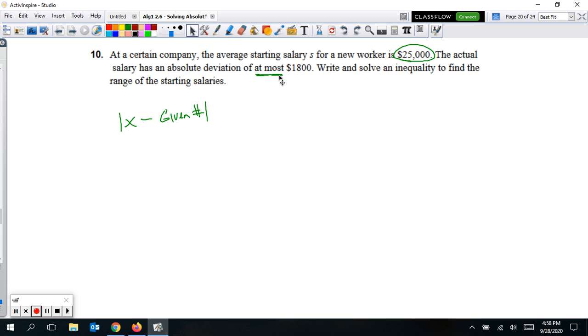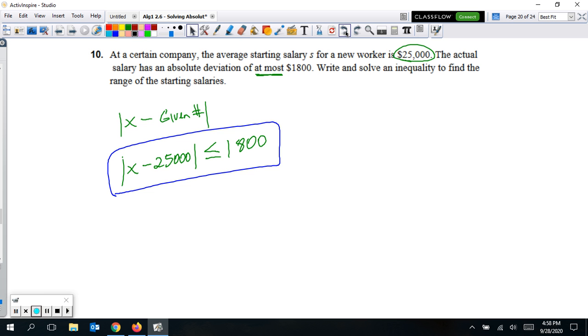So remember, at most means the most it could be would be 1,800. So we're going to start off with the x minus 25,000. That's the average number that goes in here. And then less than or equal to, so the most it could be, it can't be any more than 1,800. So that's our absolute value inequality that we now need to solve.